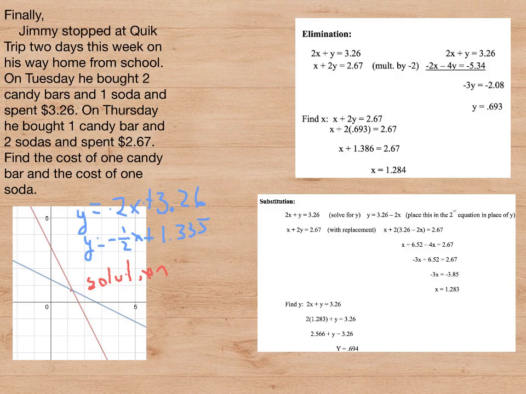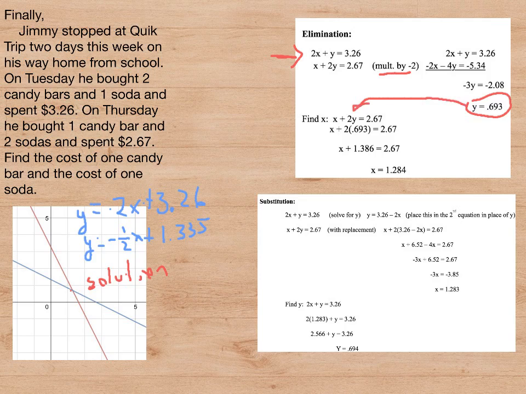So I used the same question, and I went over to the elimination method. So in the elimination method, I've got these two equations. I multiplied by negative 2 on the bottom, and then I solved for y. I put the y back into the bottom equation, so I fit that back in right there, and we found x.